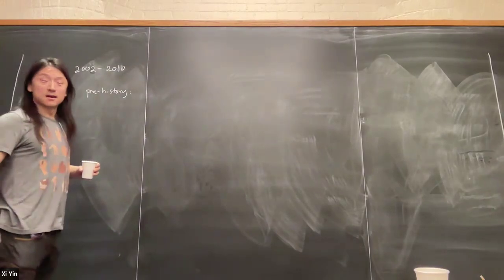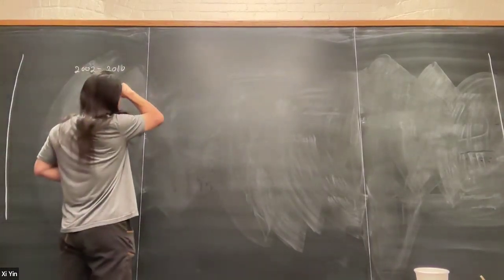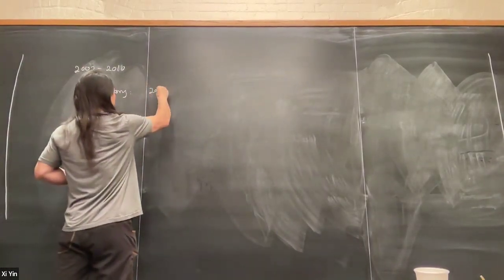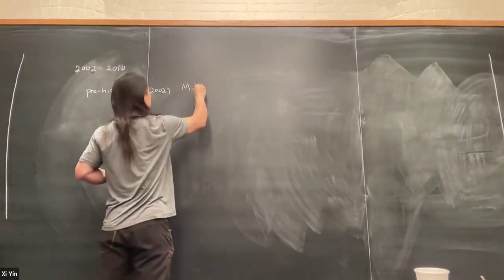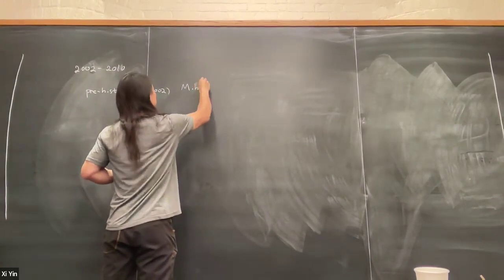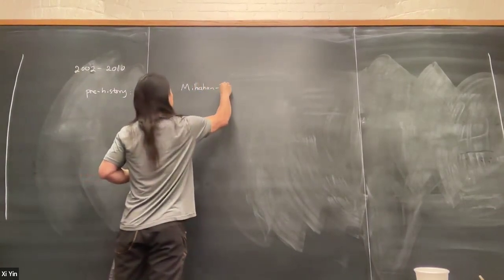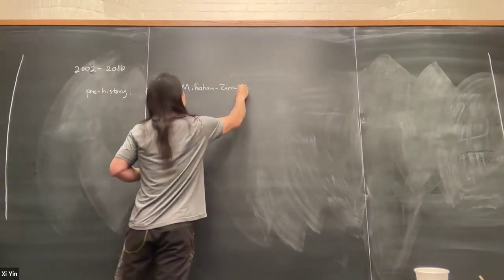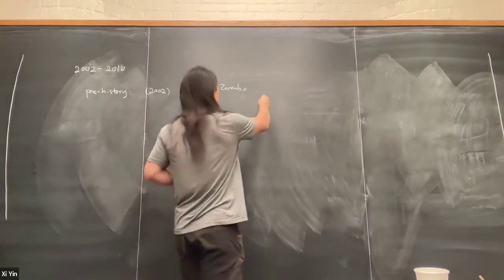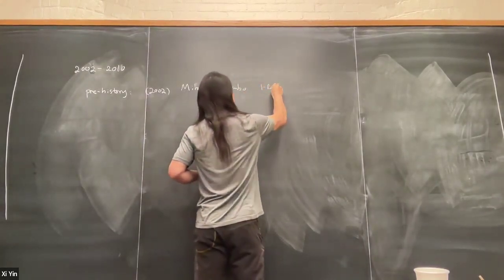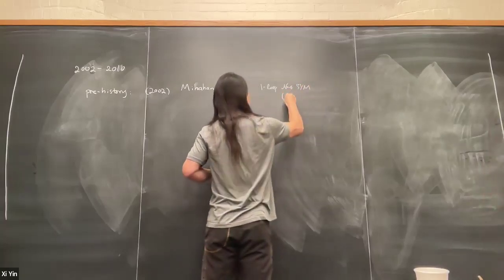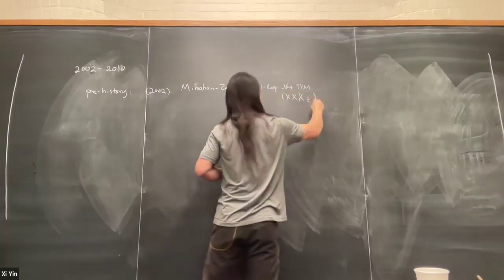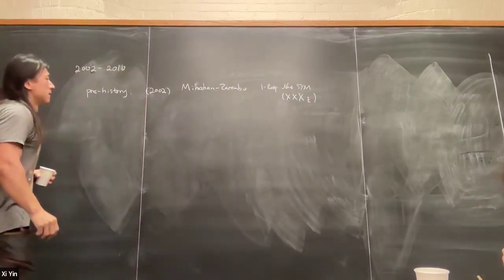There are two important papers in 2002. One is by Minahan and Zarembo. This is one loop, N=4 super Yang-Mills, which uncovered the structure of the Heisenberg spin chain.